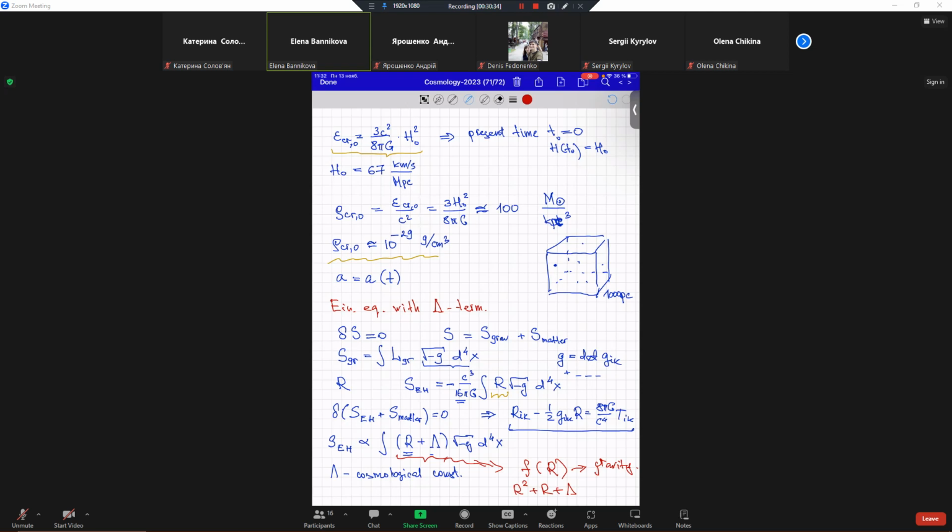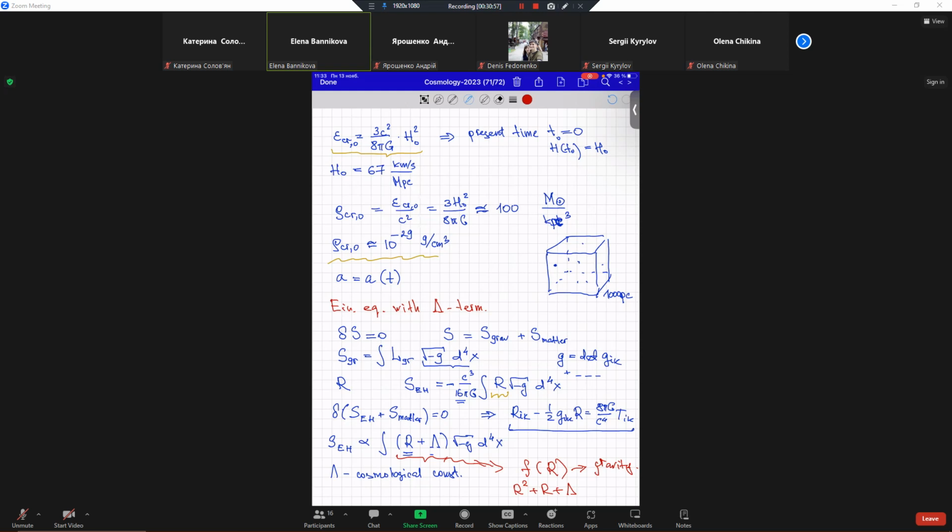Also, I would like to say that F(R) gravity plays an essential role for explanation of the early time, the time related with the beginning of the universe.